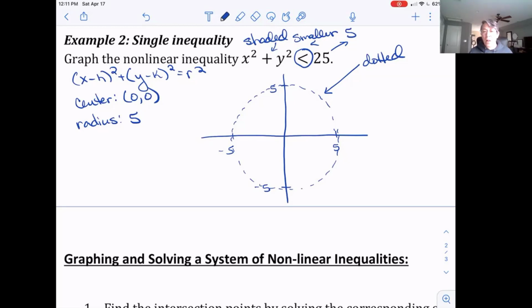One thing that helps when you're graphing inequalities is to see how many regions that graph splits the space into. Well, the circle has 2 spaces. It has the space outside of the circle and the space inside of the circle. So only one of those is going to be shaded. Since it's smaller, we would shade the inside of the circle.